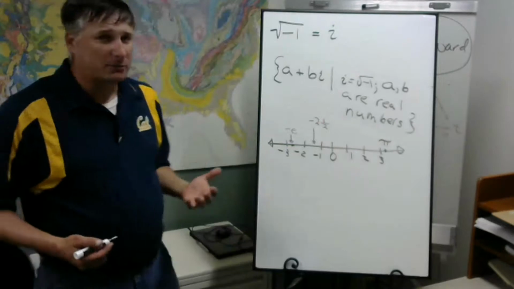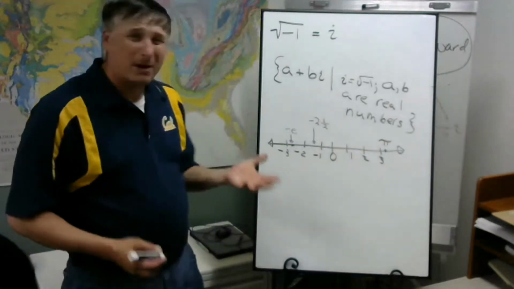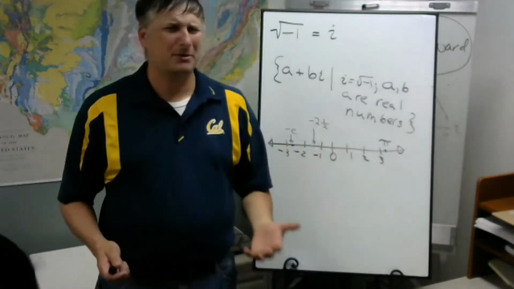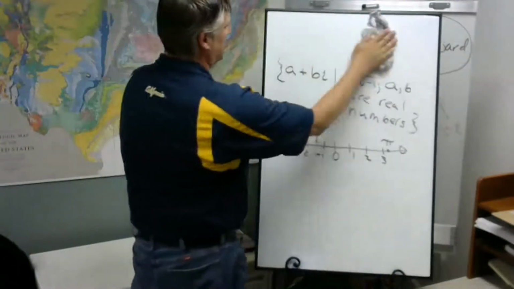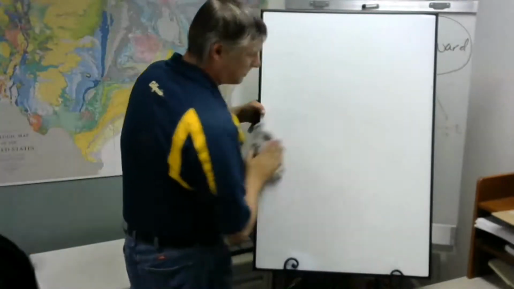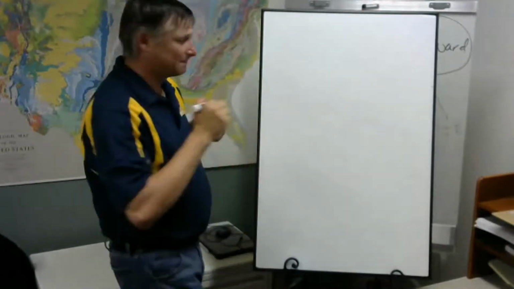So we're used to graphing real numbers here. What about complex numbers? How do we graph those? Well, what we do is we end up graphing them two-dimensionally.